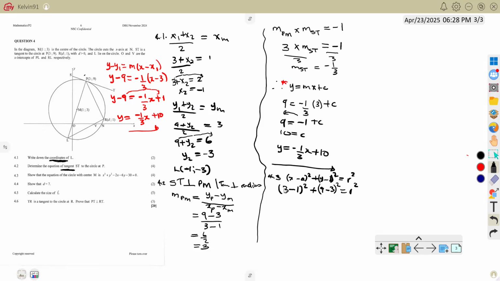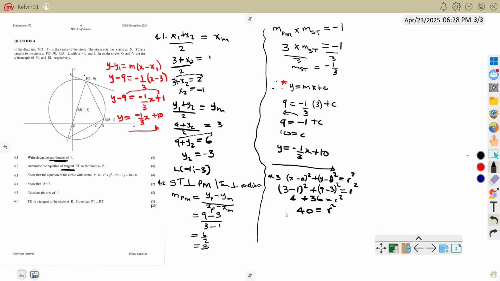Then simplifying, 3 minus 1 is 2. 2 squared, you get 4, plus 9 minus 3 is 6. 6 squared is 36. Therefore, r squared is equal to 40.